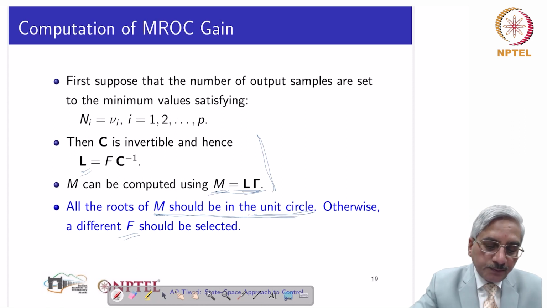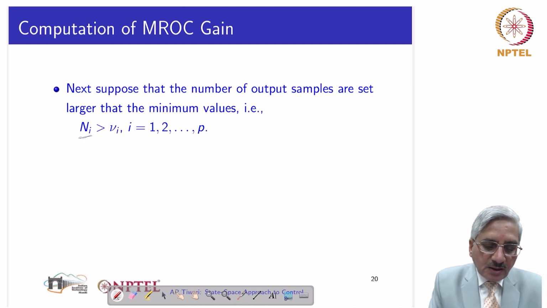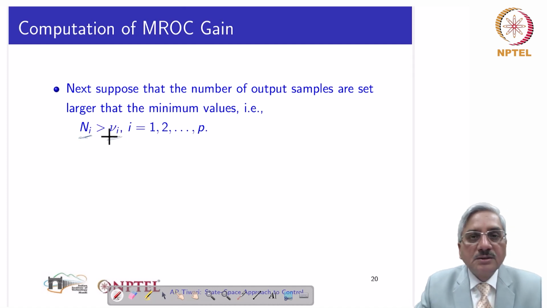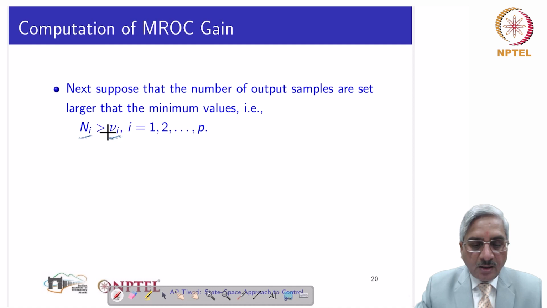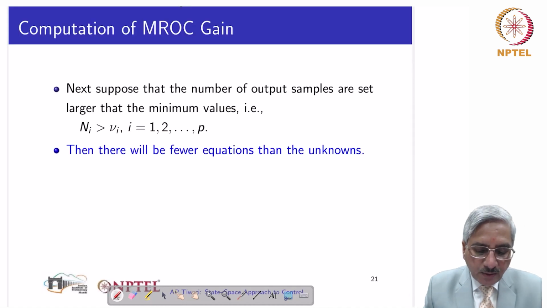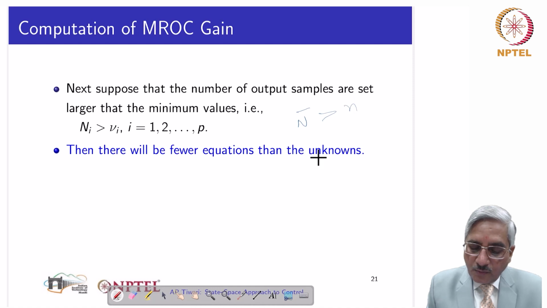Now we come to the second situation. We assume that N1 is sampled more times than the minimum needed. N1 is greater than the observability index nu 1, N2 is greater than observability index nu 2, and so on. In that case, we have more unknowns, because n bar will now be greater than n, the system order, and there will be more unknowns, however fewer equations.